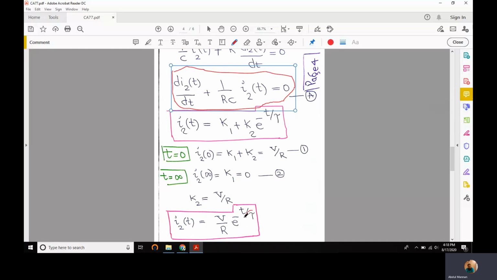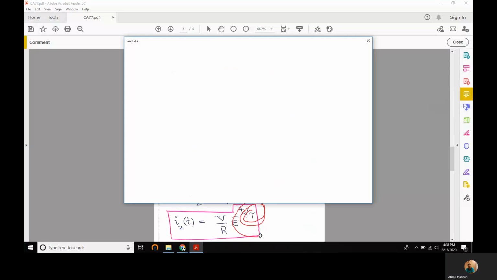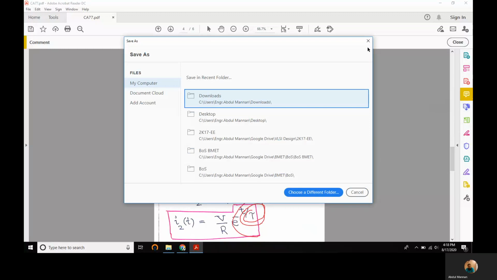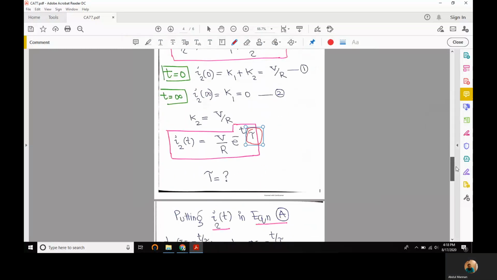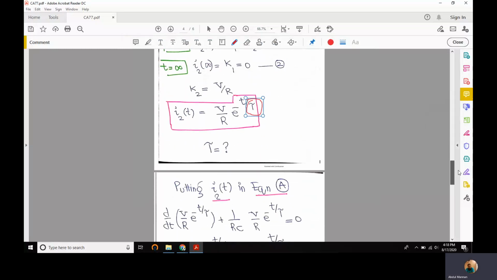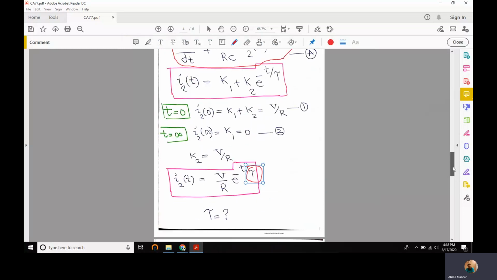So now we are left with only one variable, tau. So how to compute tau? We'll put this I2 of t that we have just computed, after we have evaluated k1 and k2, in equation A. What is equation A?